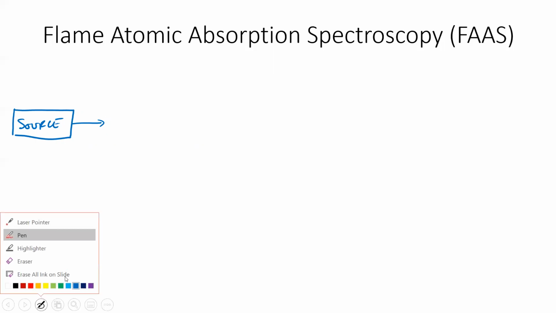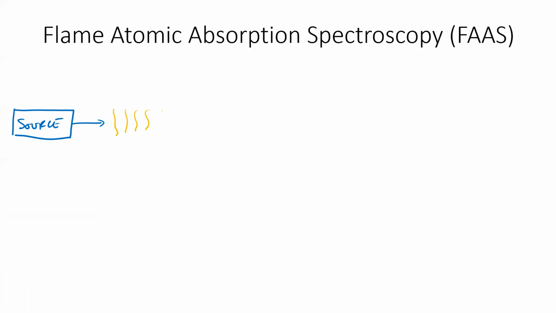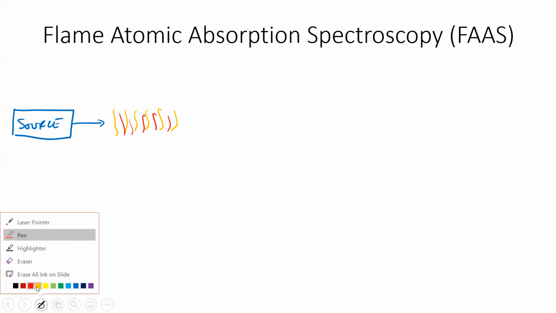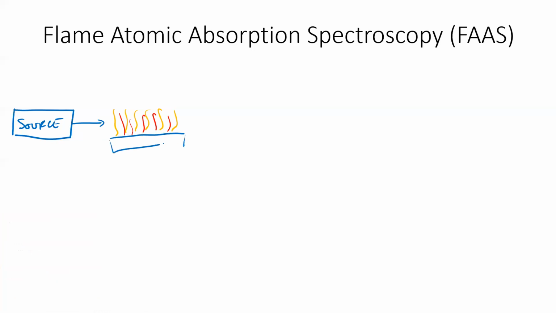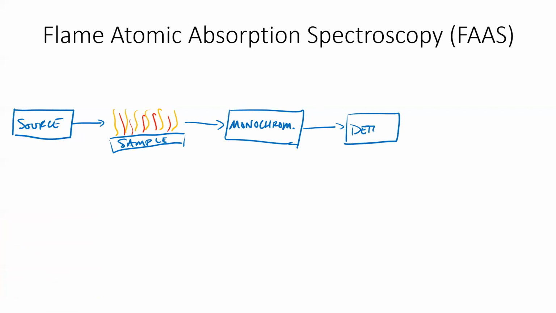And then after it goes from the source through the sample, we go through the monochromator to the detector, and then to that computer, right? That's the signal processor and the readout.